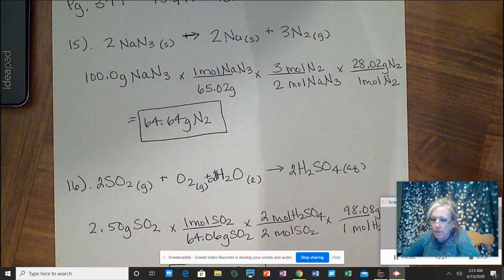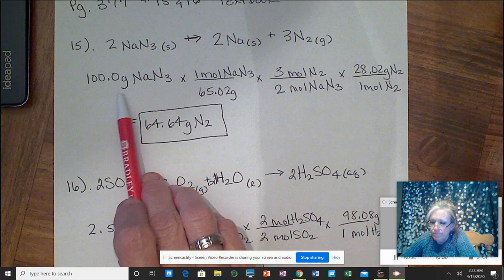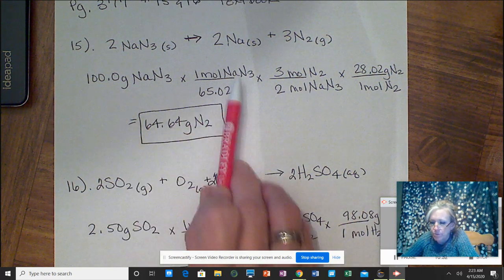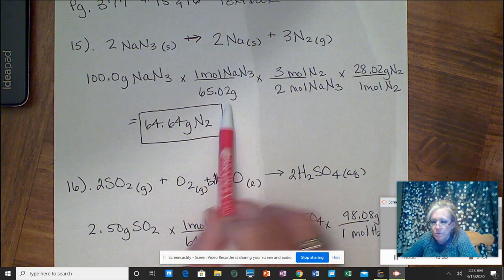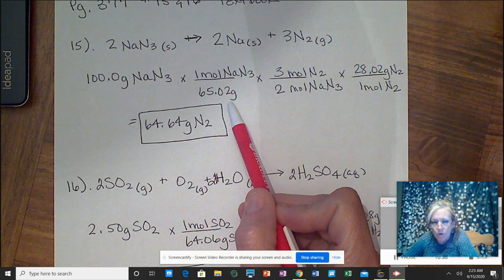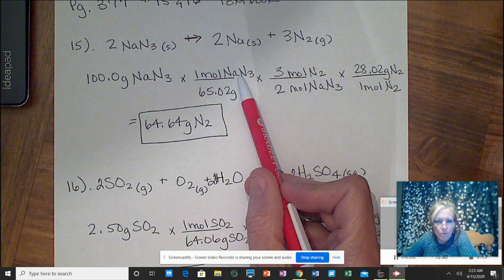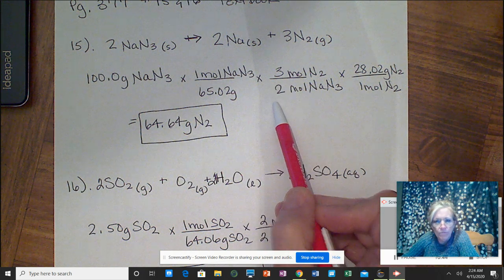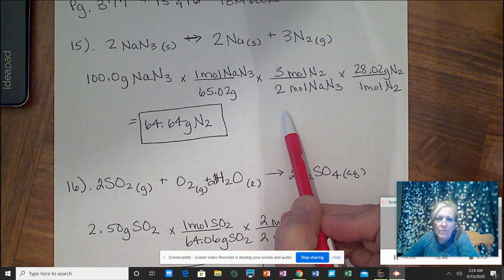All right. So we balance our equation, start with what you're given, change it to moles. We change it to moles by putting the grams on the bottom because that's what we're going from. We're going 2 moles, moles of NaN3. Okay? Write your mole-to-mole ratio. These numbers come from the coefficient in our balanced equation.